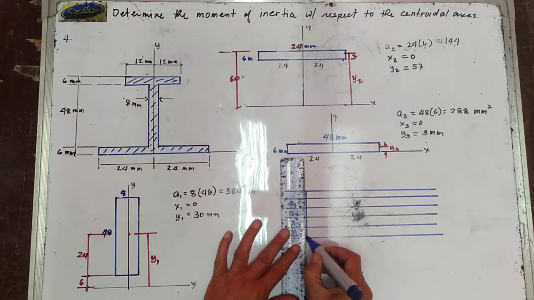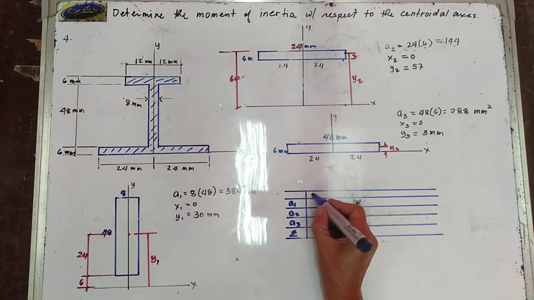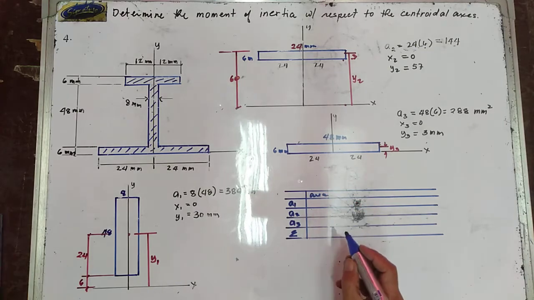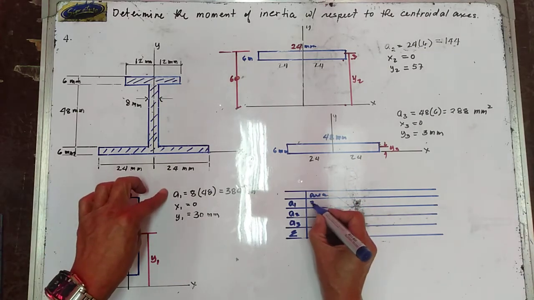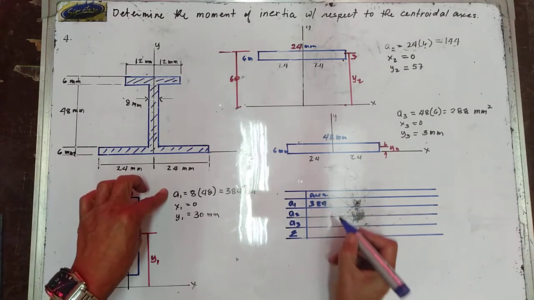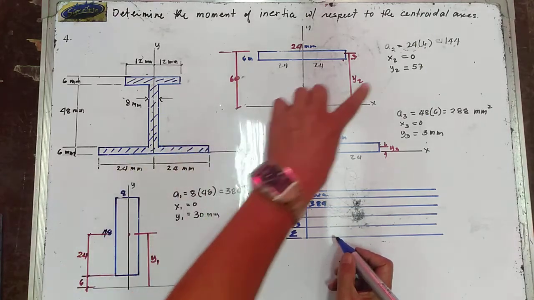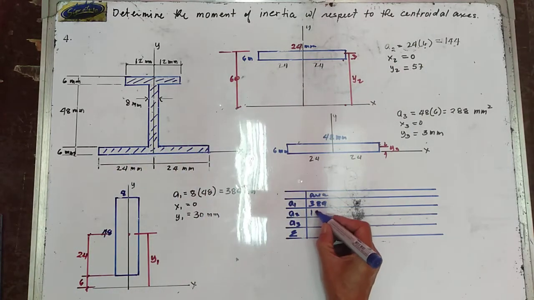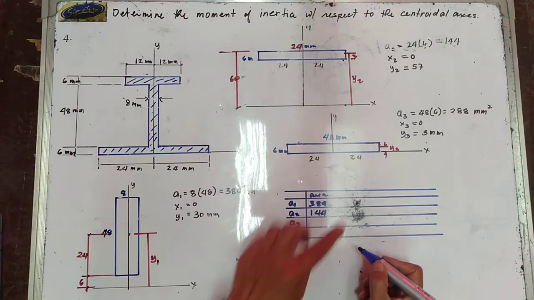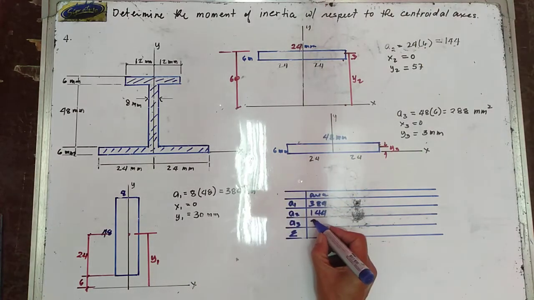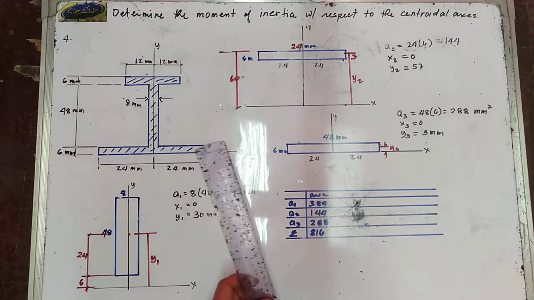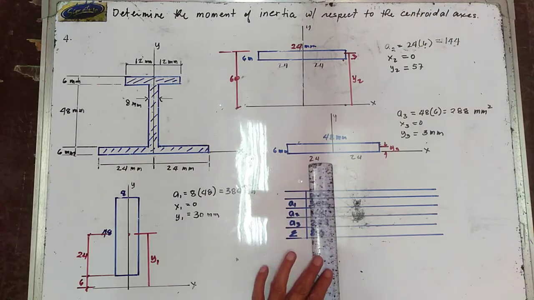The corresponding area for area 1 is 384 square millimeter. For area 2, it is 144. And for area 3, that is 288. So the summation of this is equal to 816 square millimeter.